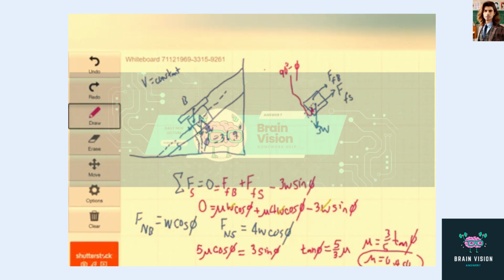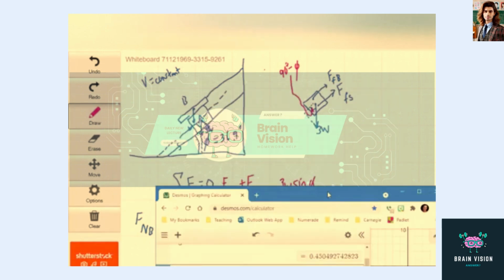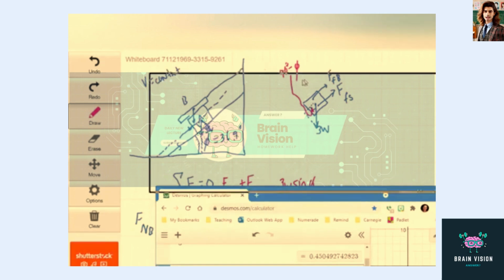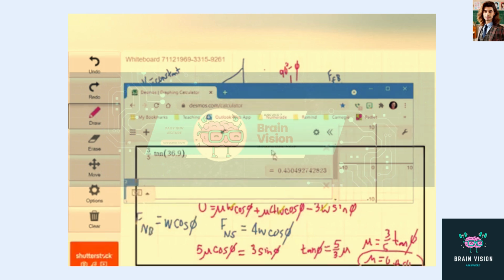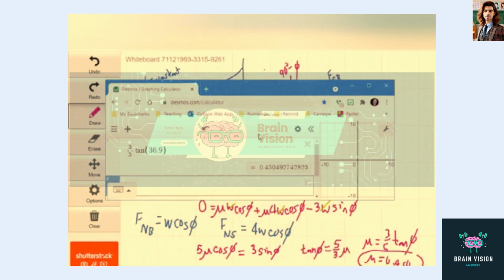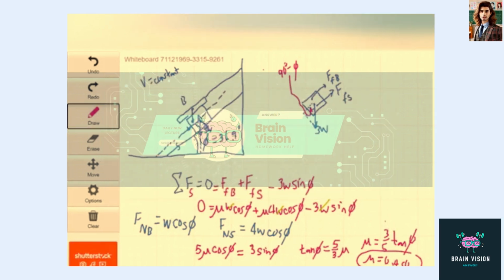The book says 0.452, but I don't think so, because I've got 0.450, and there are only 2 numbers given. So, no, 0.452. All right.